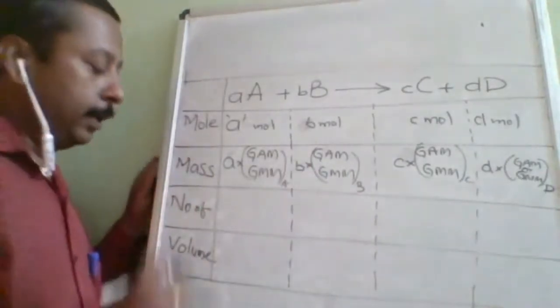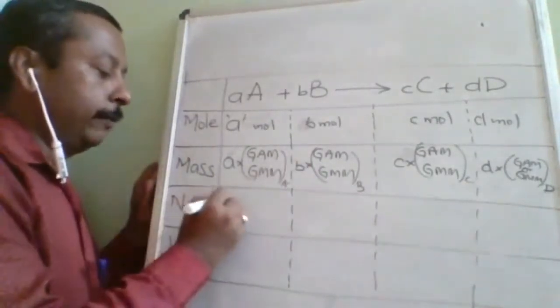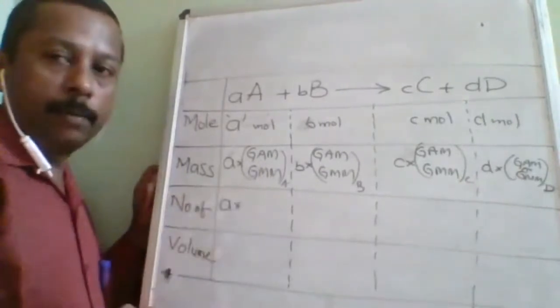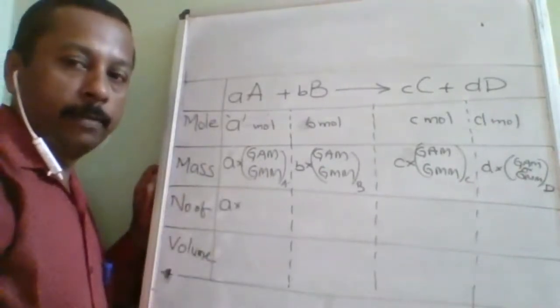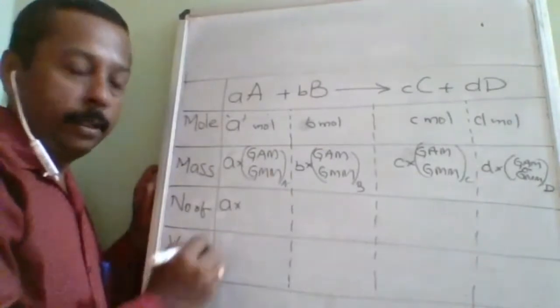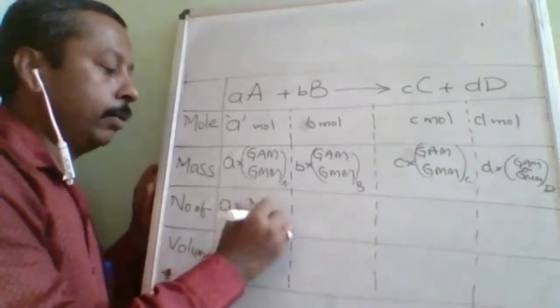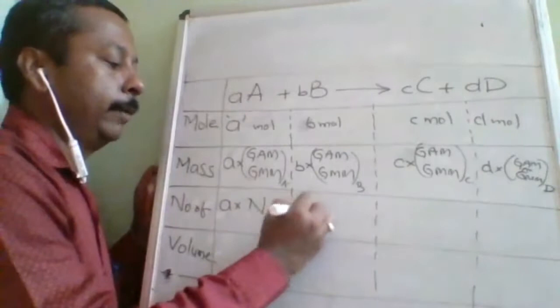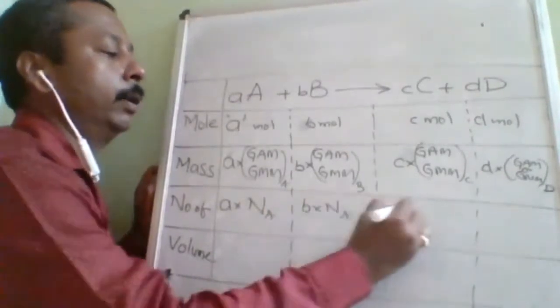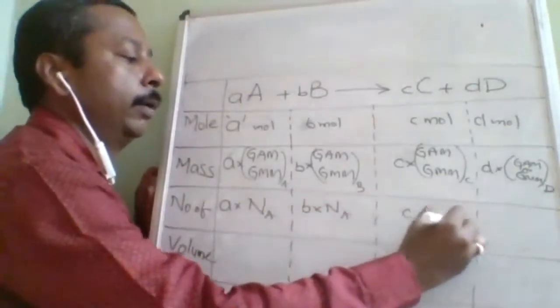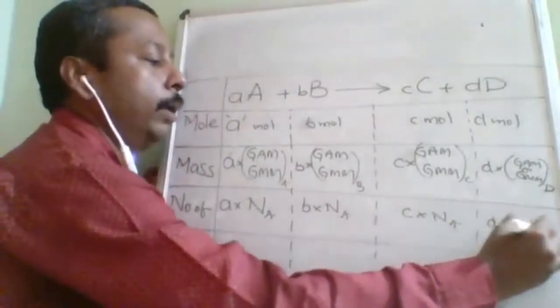Next, the number of particles: for 1 mole, it is the Avogadro number, which I think everybody must be aware of. So a into Avogadro number, b into Avogadro number, c into Avogadro number, d into Avogadro number.